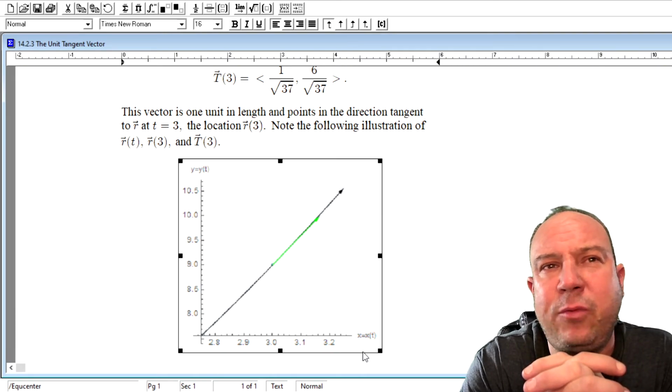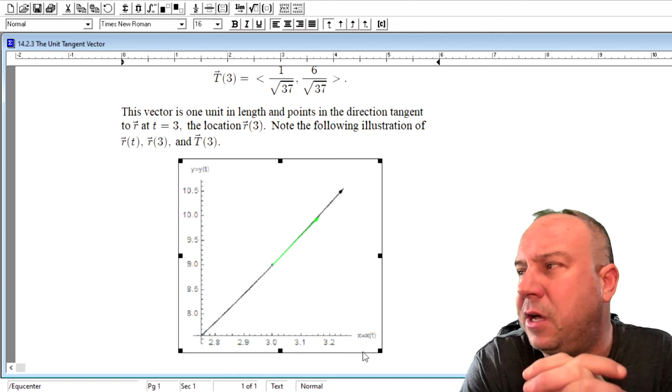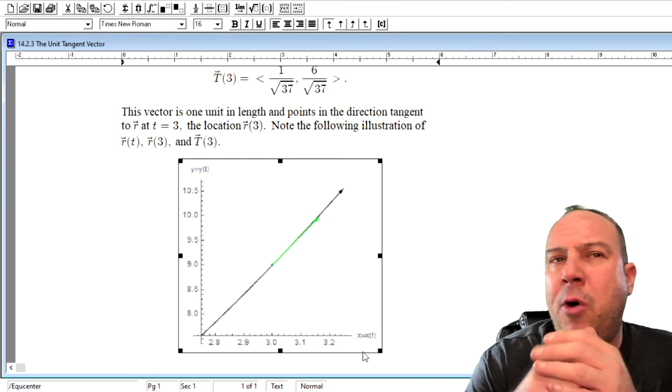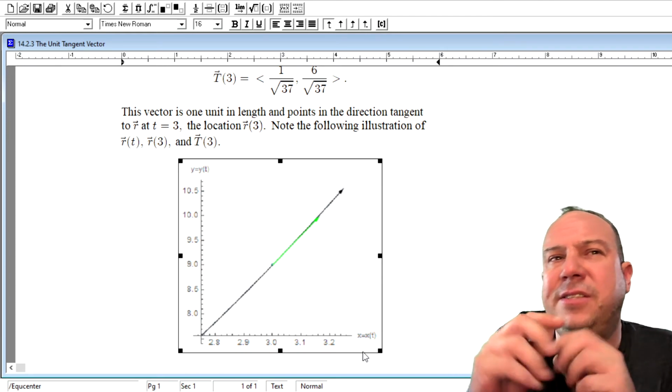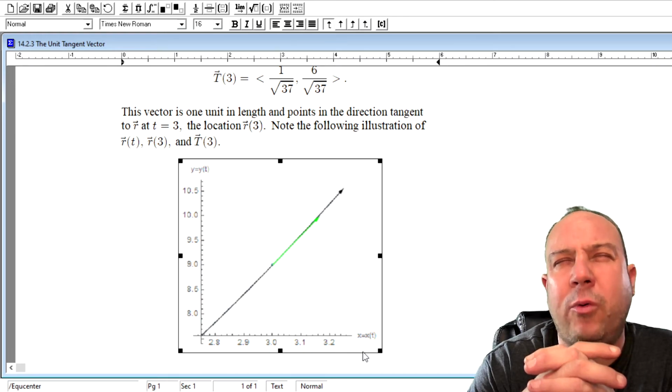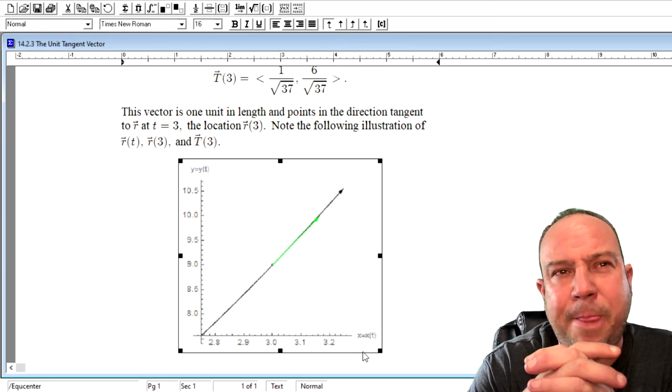We might say if this was an object moving along some path in space, at that exact moment in time, that is the description of forward motion for that object.